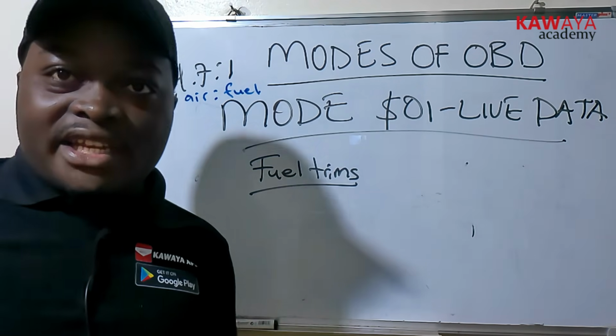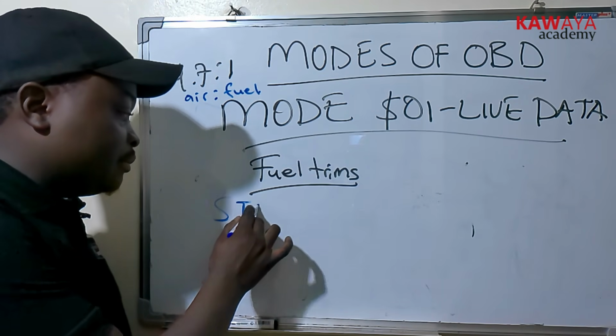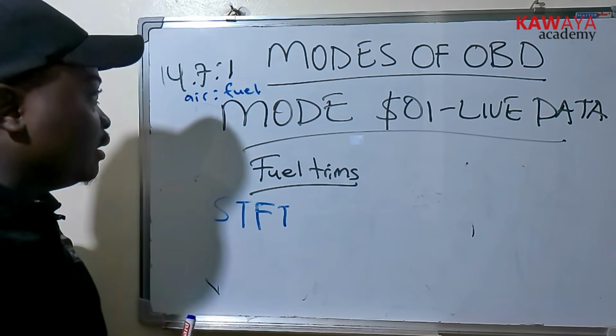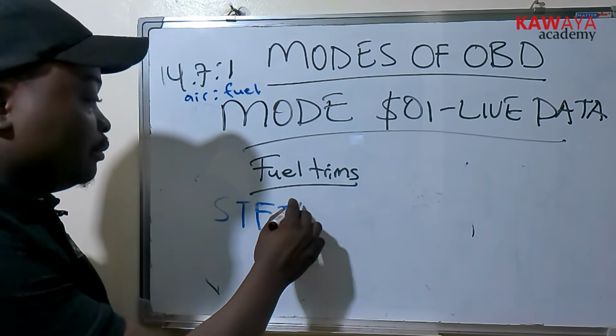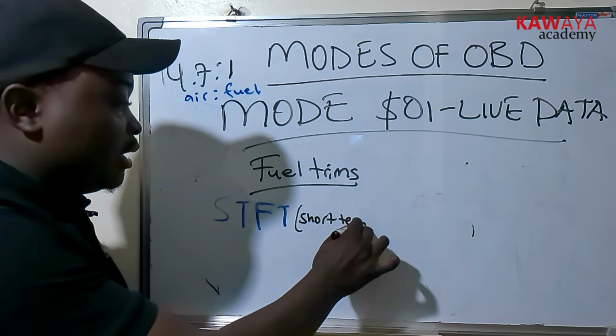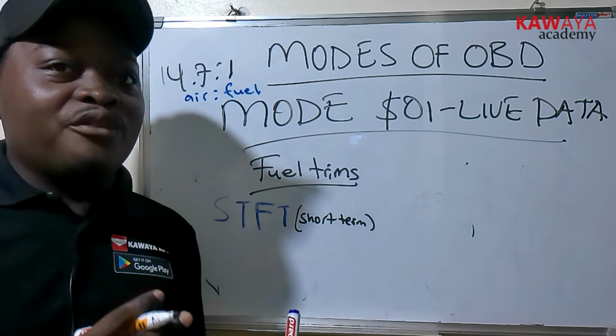Now when you're in live data, you're going to see something like short-term fuel trim. This one is like the continuous trimming of fuel.